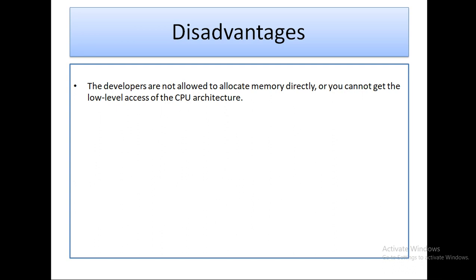You want to develop some programming in a chip, and that chip you want to attach to hardware. For that purpose you can use other technologies which give you low level access. So by managed code you cannot get low level access. So this is one more disadvantage, as per my opinion.